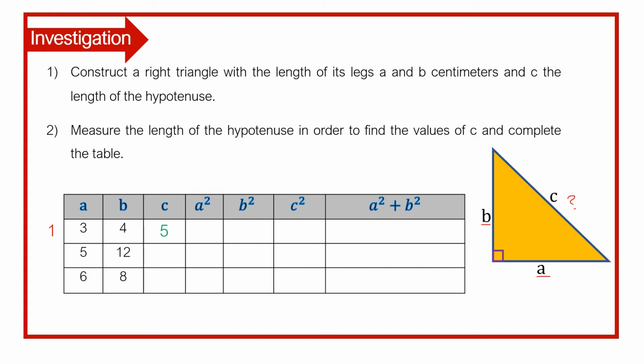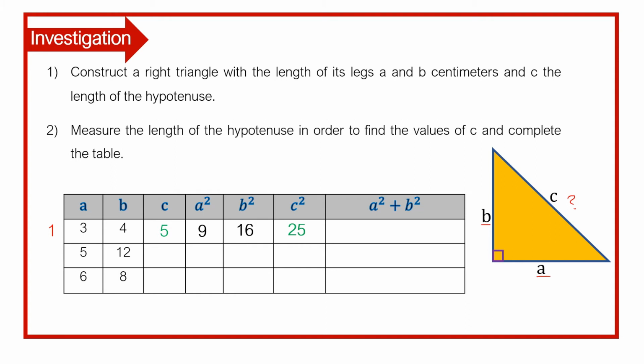Now let us square a. a squared, which is 3 squared, is 9. We square b, which is 4 squared, to get 16. Now let us square c, which is 5 squared, to come up with 25.